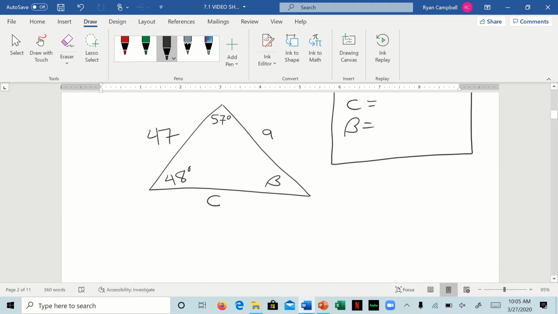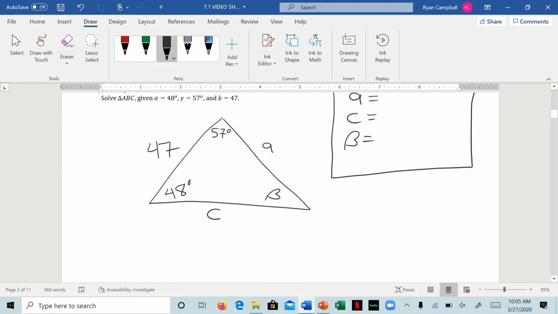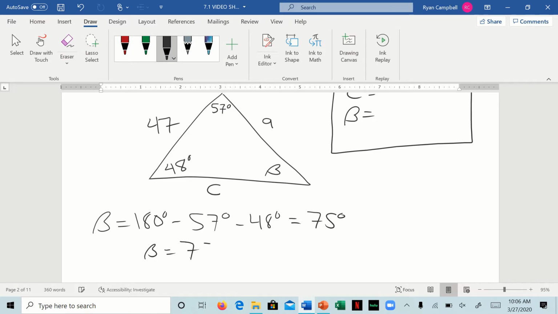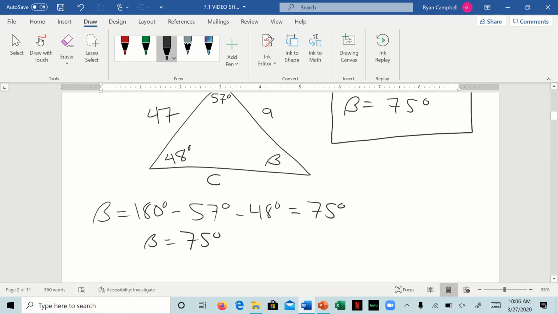All right. Well, beta is going to be the easiest one to find. Beta is just going to be 180 minus the two other angles. So if we plug that into our calculator, we should see that that is 75. So beta is 75 degrees. All right. And now we can just use the law of sines.